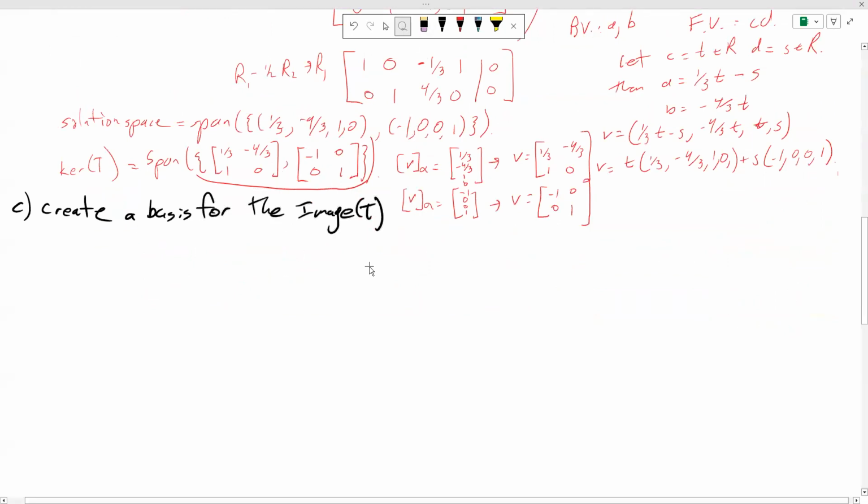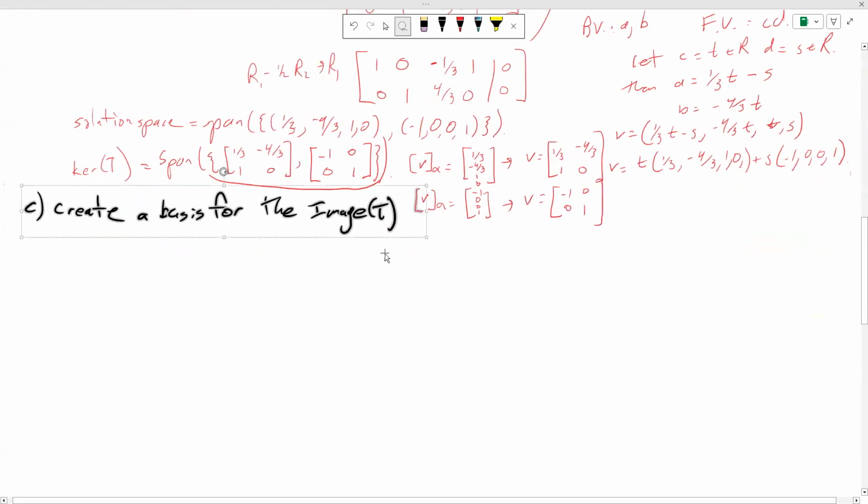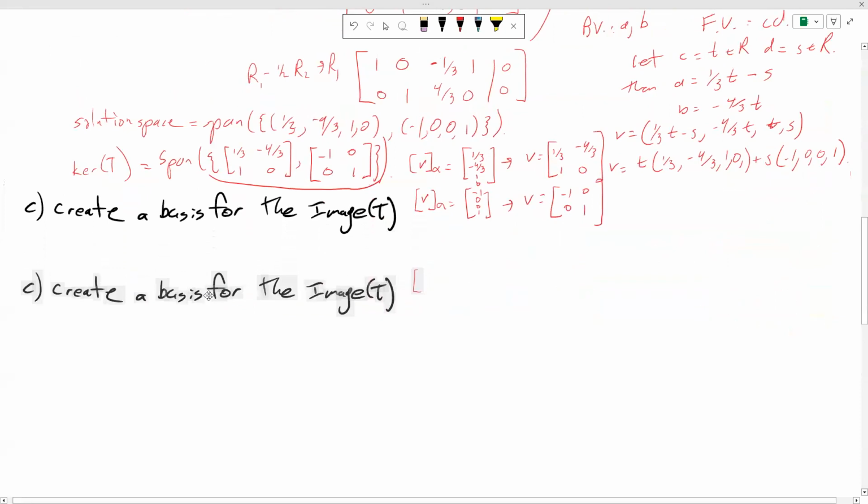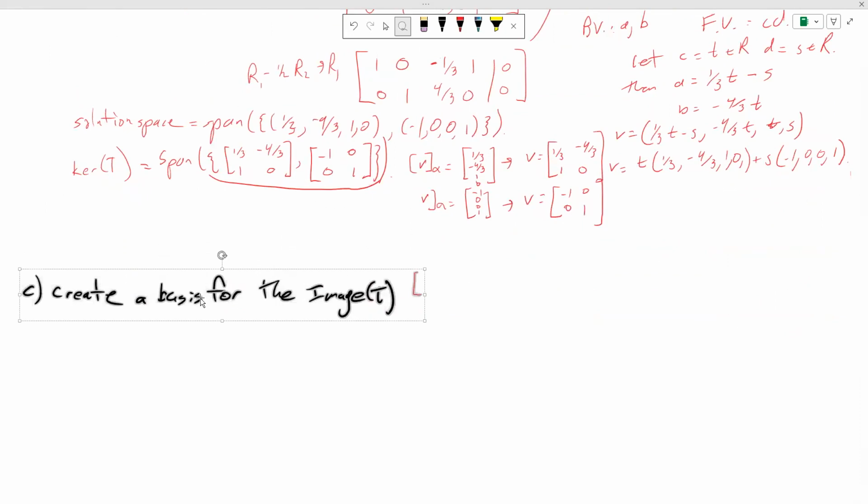So let's take this here and we'll move it down. So my basis for the kernel of T is the set containing [1/3, minus 4/3; 1, 0] and [minus 1, 0; 0, 1].